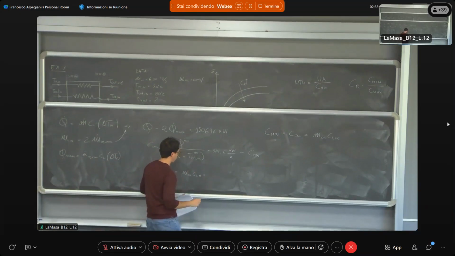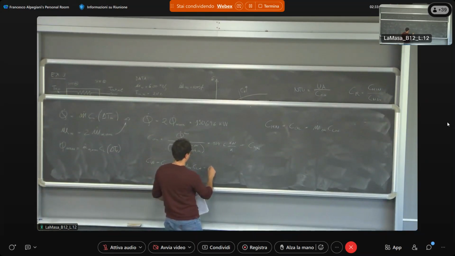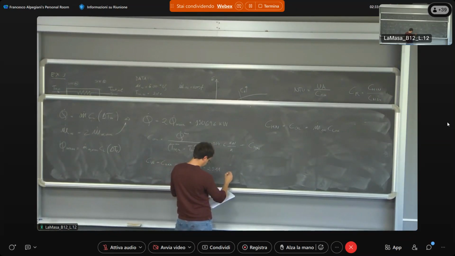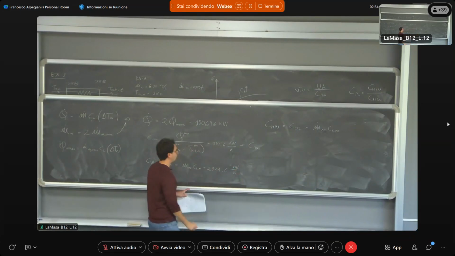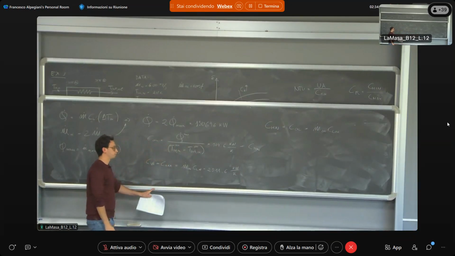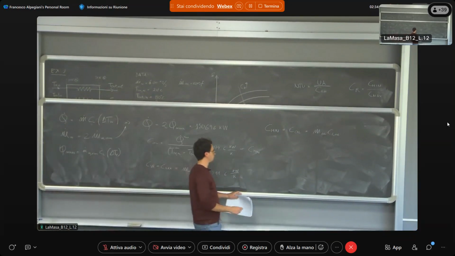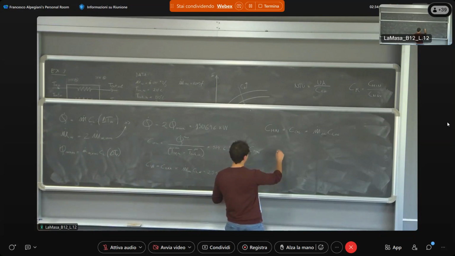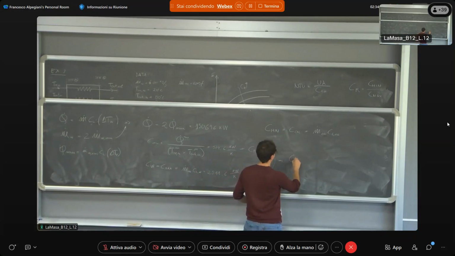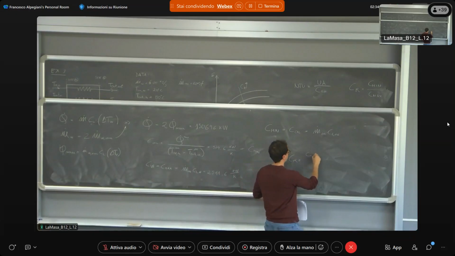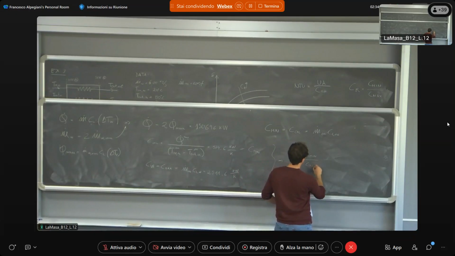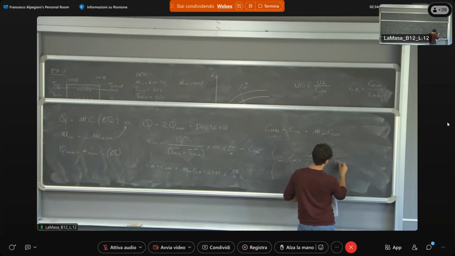And it comes equal to 2,511.6 kilowatt over Kelvin. Now, what you can do is also calculate the ratio between the two. So Cr, which is C min over C max, is equal to 0.2308.